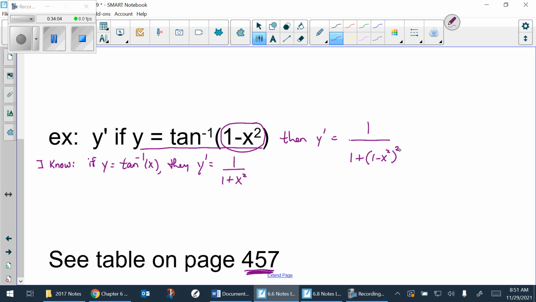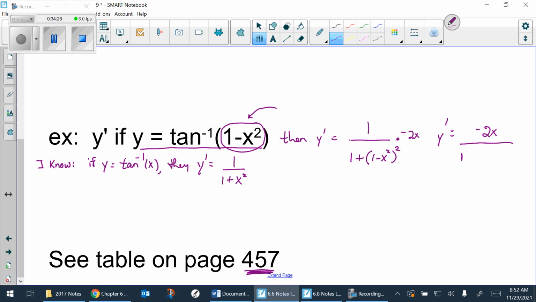And then I got to remember to multiply by the derivative of what's inside. And the derivative of what's inside, I think, is... so if I clean that up a little bit, I say y prime is equal to, I think there would be a negative 2x on top.